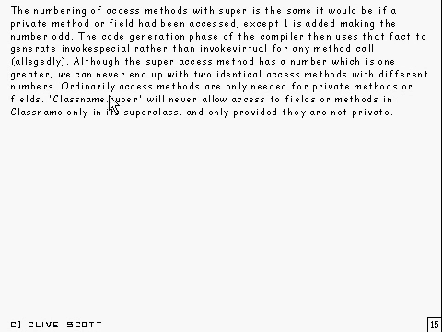And the reason for that is that ordinary access methods are only needed for accessing private methods or private fields, and class.super will never allow access to fields or methods which are private. Okay, so there's never going to be a conflict between the two. Not that I think if they had two the same it would be that much of a conflict, but it's just more an observation than anything else.